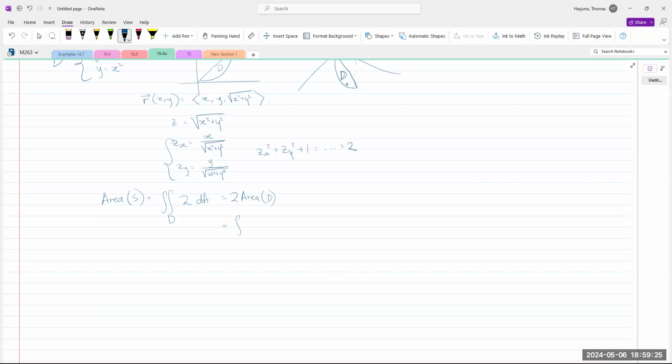So let's integrate: 2 times the integral from 0 to 1, integral from the lower bound x squared to the upper bound x, dy dx.